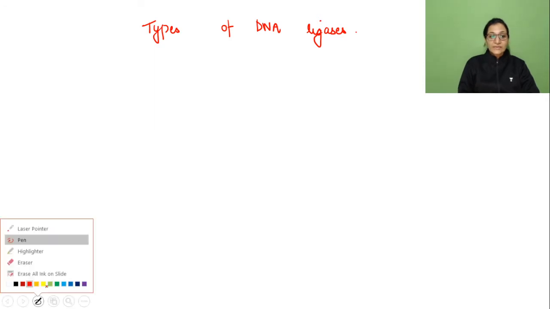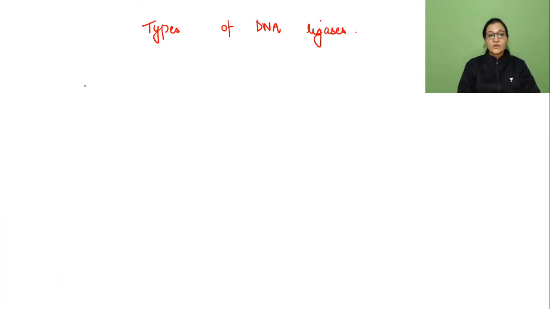Now, after that, let us talk about the types of DNA ligases. So there are two families of DNA ligases, and what are these two families? First is ATP dependent and second one is NAD dependent.